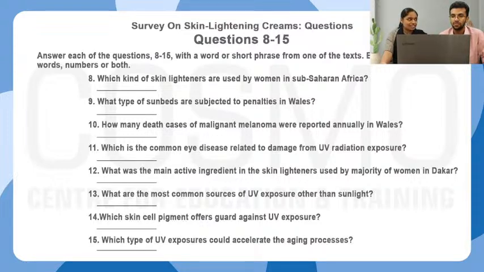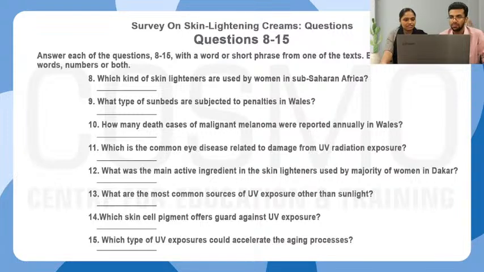Okay, Devinandana is saying it's from text B. Yes, obviously. Devinandana, you are right, because right from the word Dhaka itself, we can point to text B. Women in Dhaka.